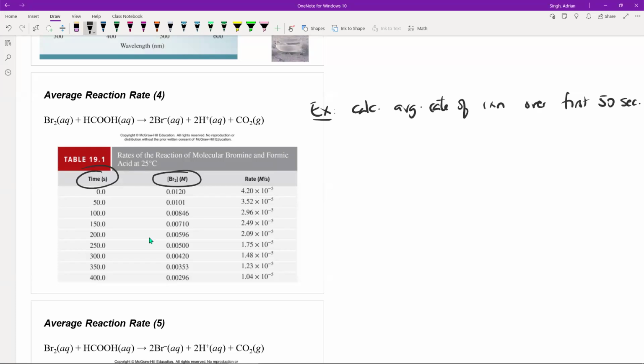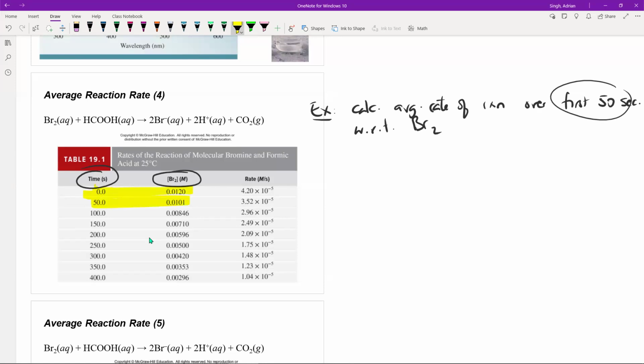So if I were to calculate the rate of this reaction with respect to Br2, I can use the information from the table. I'm looking at the first 50 seconds, so I'm starting at time 0 and going to 50.